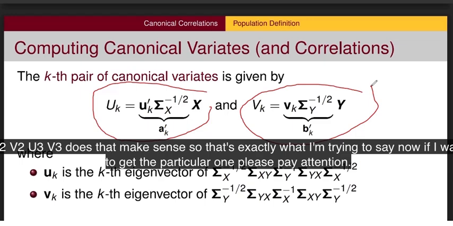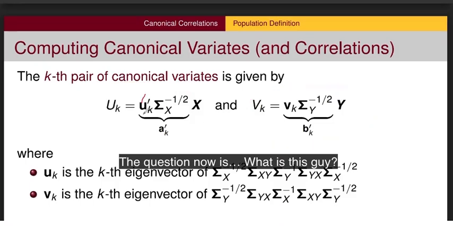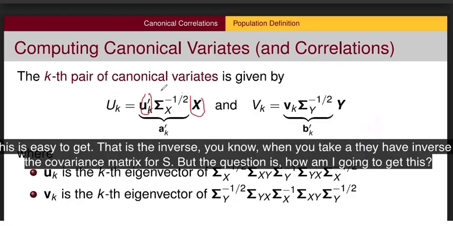Now, if I want to get a particular one, please pay attention. The question now is, what is this guy? How am I going to get it? I already know my X. My X is my data. This is easy to get. That is the inverse of the covariance matrix for S. But the question is, how am I going to get this?